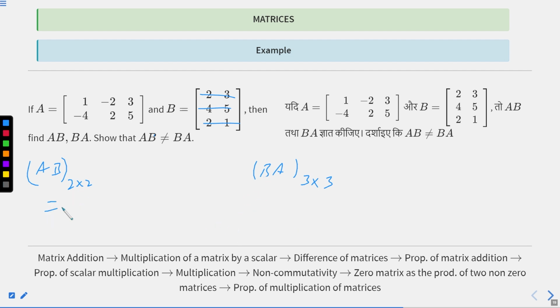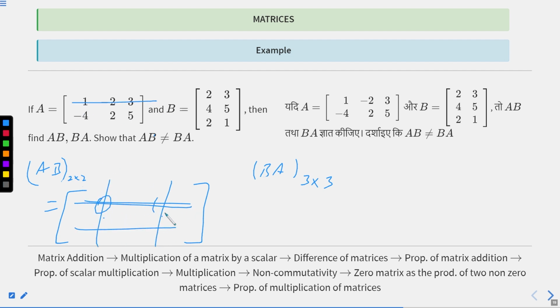Now this example also shows how we are going to multiply our matrices. It is quite simple. For this entry you have to fix this row but vary these columns. Clear?